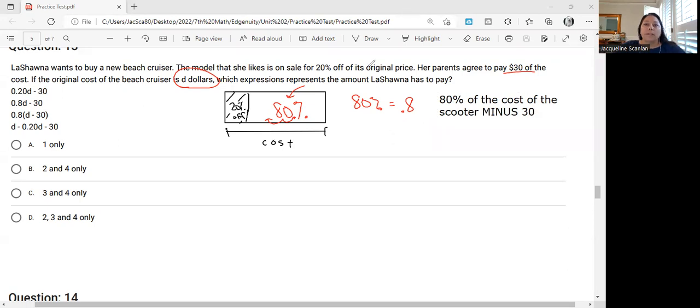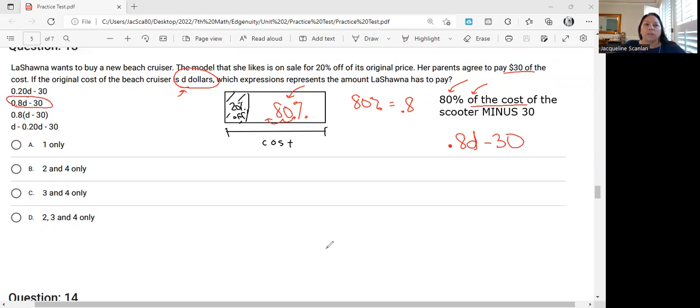All right, so this 80% is going to be written as 0.8, of the cost of means multiply, and the cost of the scooter is D dollars. So 0.8 times the cost of the scooter, D, minus the $30 that her parents are going to pay.